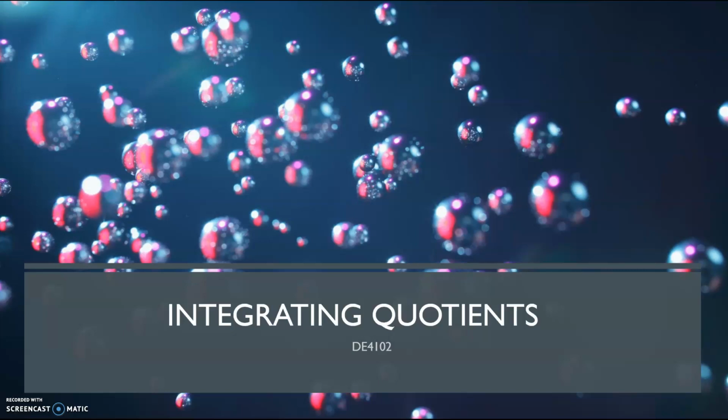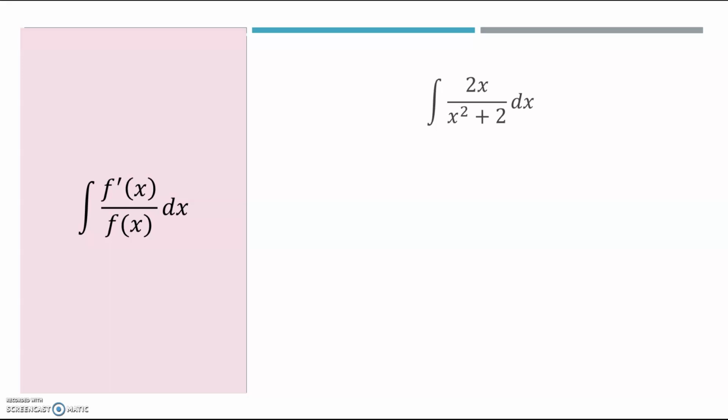And if the numerator is either exactly or a multiple of the derivative, then the integral will basically be the natural log of the denominator. So we could finish this formula here and say that it's equal to natural log of the denominator.